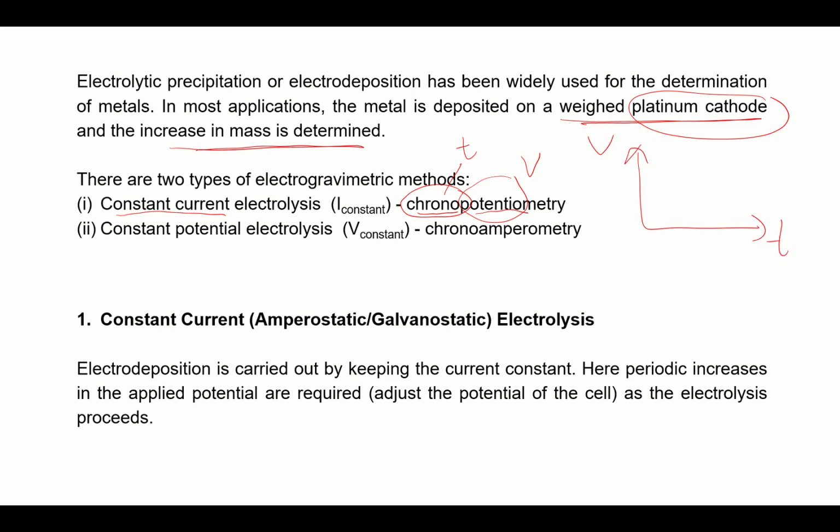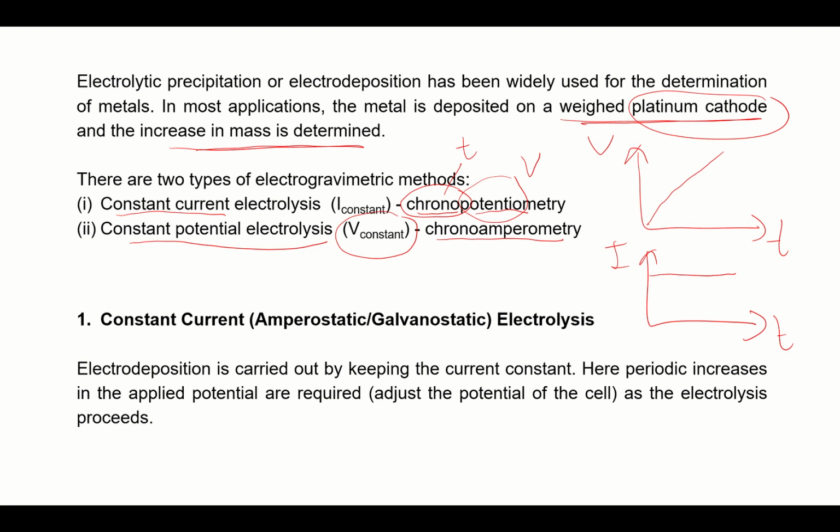When you measure V, you must use constant I. If you plot current I versus time, you should see a constant current flowing during the process, but the potential V will increase. For the second type, where you use constant potential, we call it chronoamperometry.